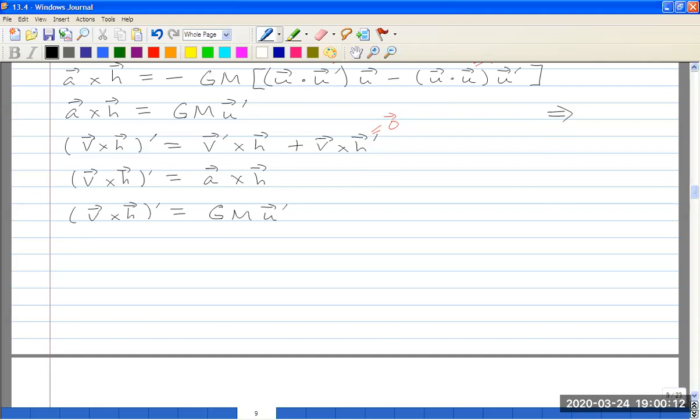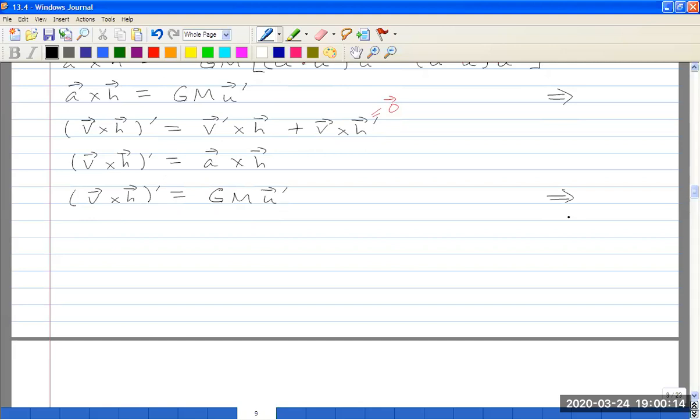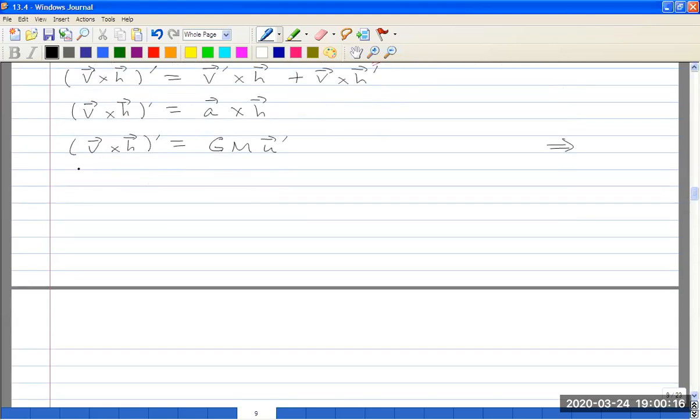And so integrating, I get V cross H is equal to GM U plus some constant vector.